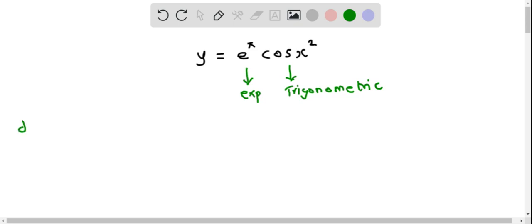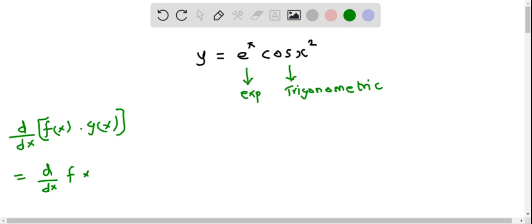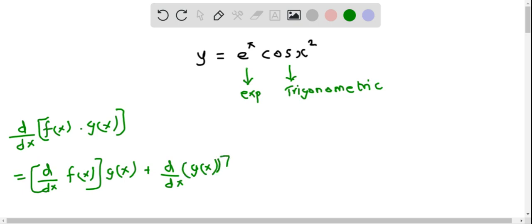In the product rule, suppose you are differentiating f of x times g of x, two different functions, both functions of x. Then this is equal to the derivative of f of x multiplied with g of x, plus the derivative of g of x multiplied with f of x.